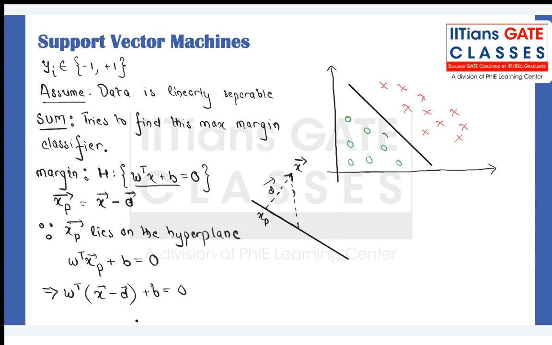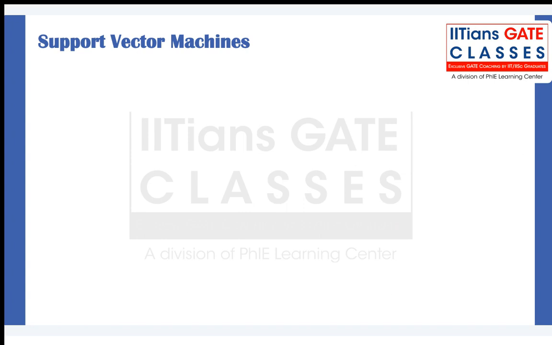This is my W. Now D is parallel to W, so I can also say that D is nothing but some alpha times W, where W is a unit vector I consider.